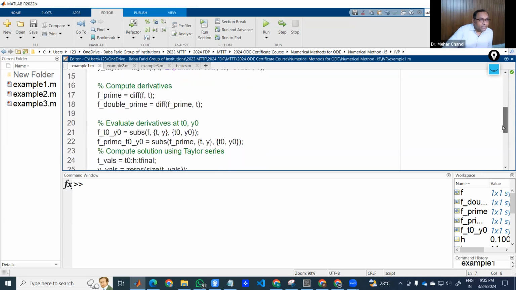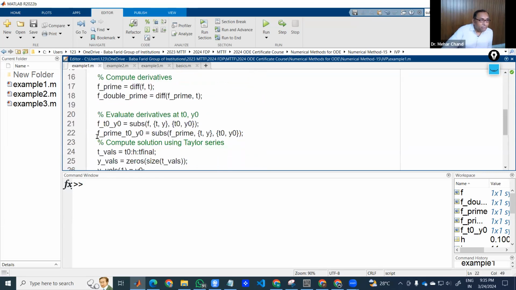Similarly for f prime, we will use the same approach, but in the place of f we have f prime, and we need to pass the values of t and y as t naught and y naught. So the initial points have been applied.